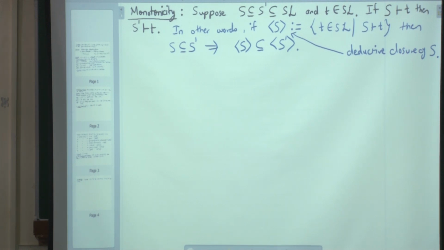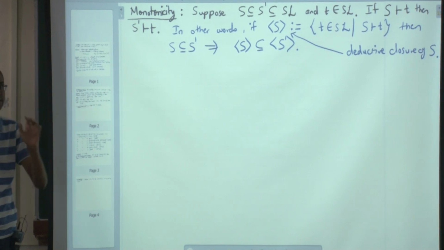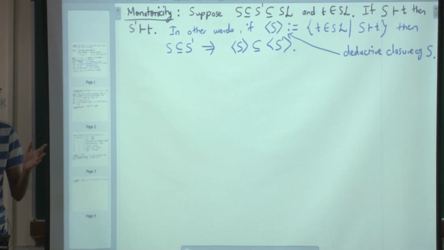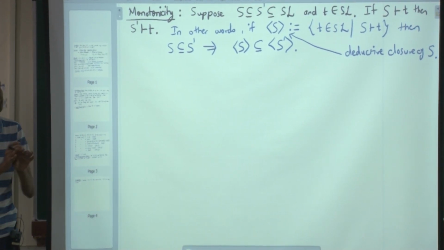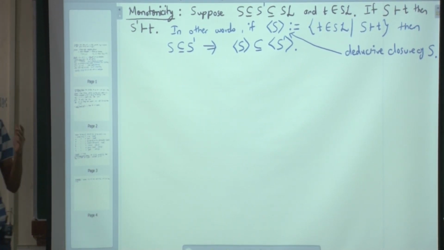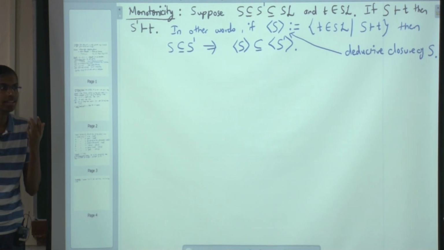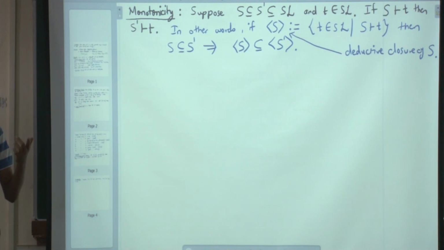Okay, why deductive closure? Can you tell me what is the relationship between S and its deductive closure? S itself is contained inside the deductive closure. Why?